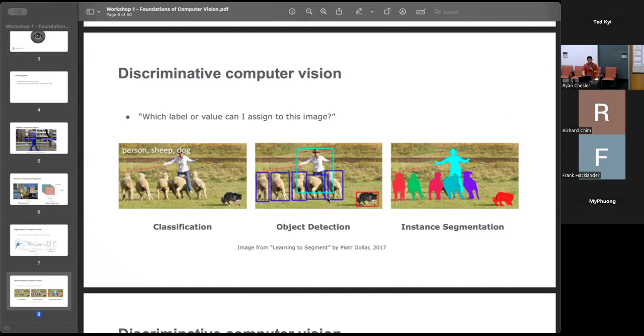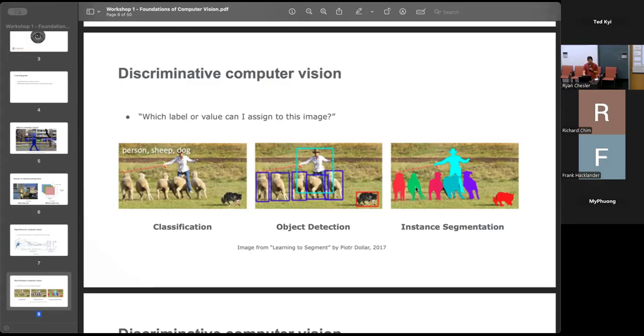And then you have a level more granular than that, which is object detection. So saying not only is there an object in this frame or not, but where is it? So it's drawing these boxes around the sheep, around the person, around the dog. And then even more granular than that is saying pixel by pixel, I want to classify every instance of something. So you want to be able to specifically say this is exactly all of the pixels for this one sheep.